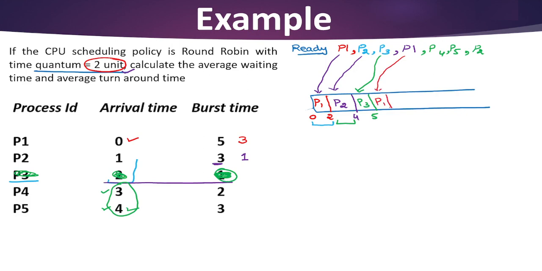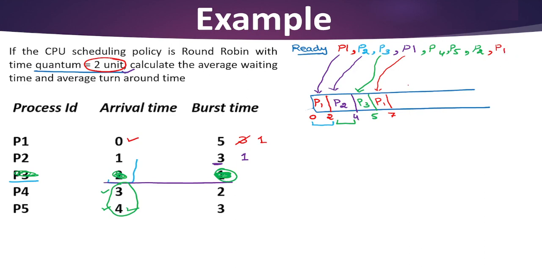Process P1 is left with 3 points. Again here we are getting CPU for only 2 seconds, so 3 minus 2. It ran for 2 seconds, 5 plus 2 is 7. One point is left for P1, so we will add P1 here in the ready queue.